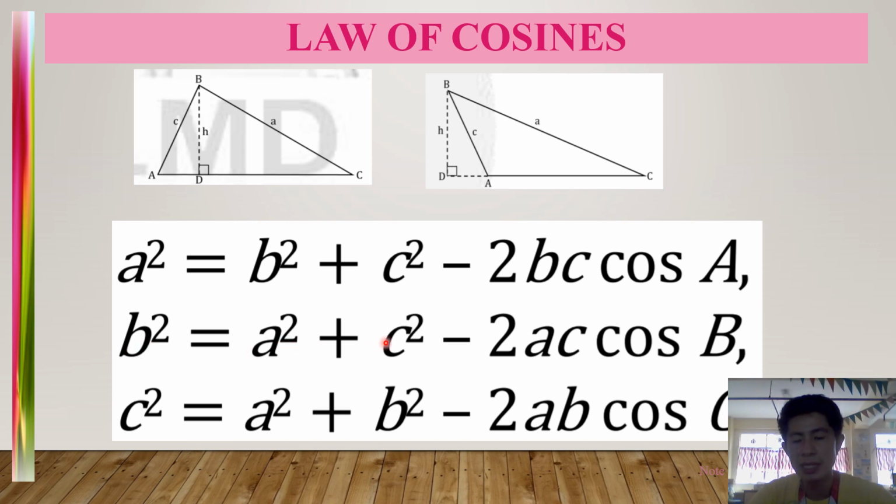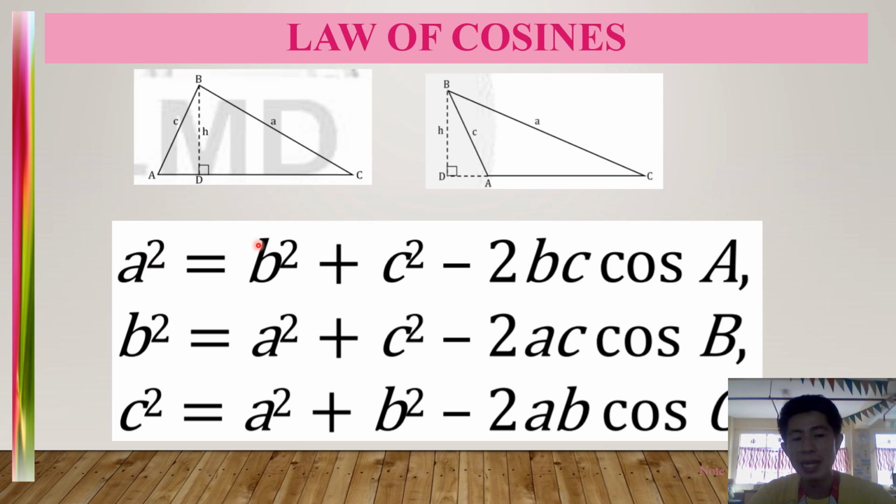A squared plus c squared. Din ang nandito ay ac, minus 2ac. Okay, next one, C yung nandito, so ang dapat na nandyan ay a tsaka b. Dito ay ab, 2ab. Okay, so the formula is c squared is equal to a squared plus b squared minus 2ab cosine C.